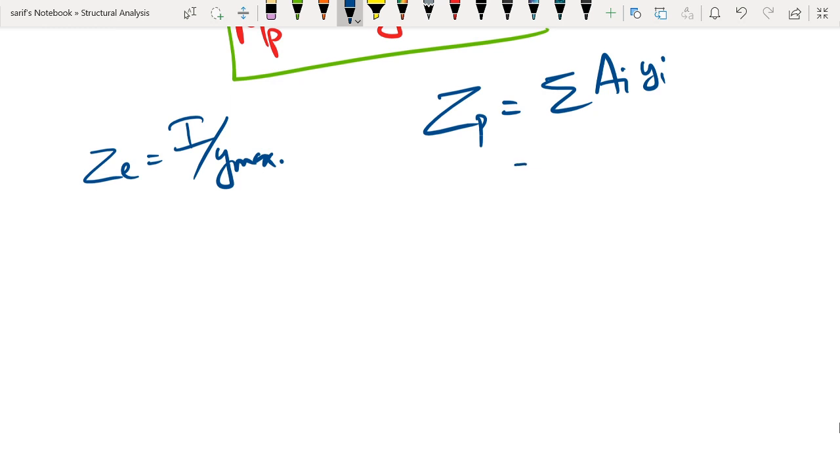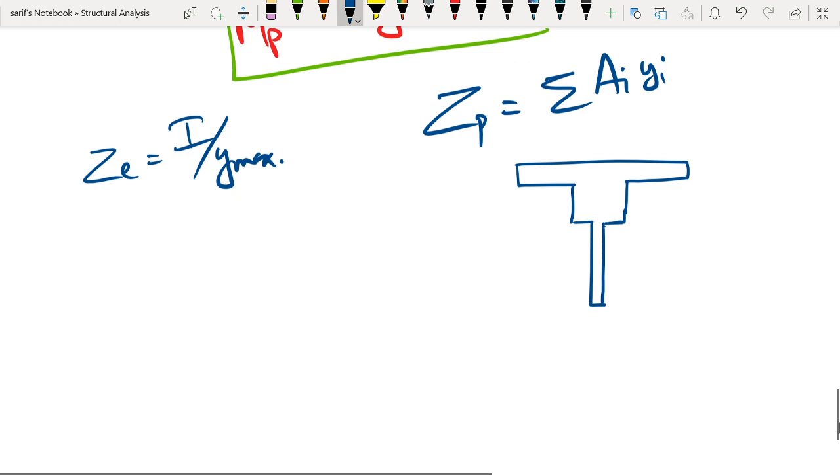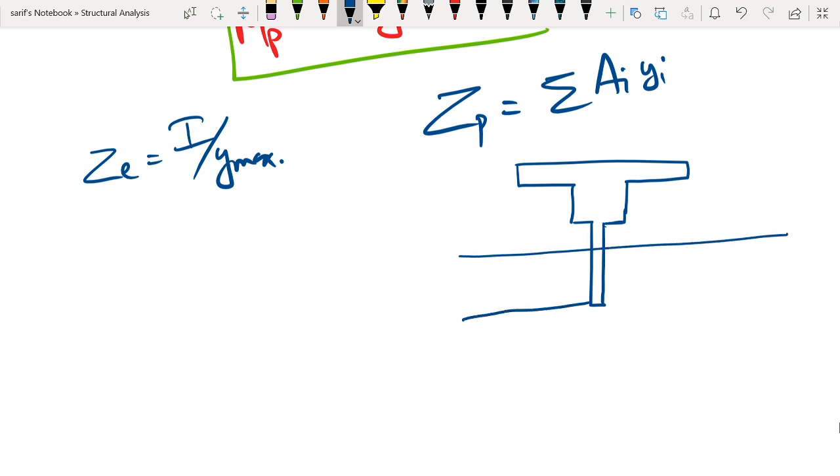Imagine we have a cross section like this, and let us imagine that the plastic neutral axis is somewhere here.